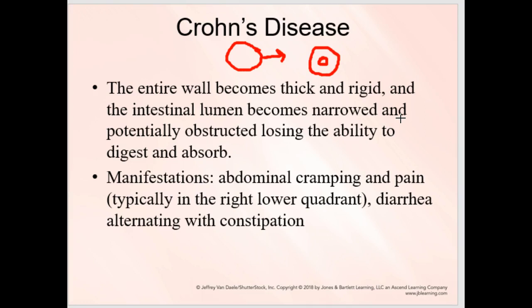So if it becomes really inflamed, feces will get trapped and can't get through this opening. It'll absorb more water from it. They get constipation. The inflammation goes down. Feces can now pass through. It can actually move quicker, and they get diarrhea. So that's one of the contributing factors towards this disease. They can also get cramping because they're not passing that feces, and distension of the abdomen as well.